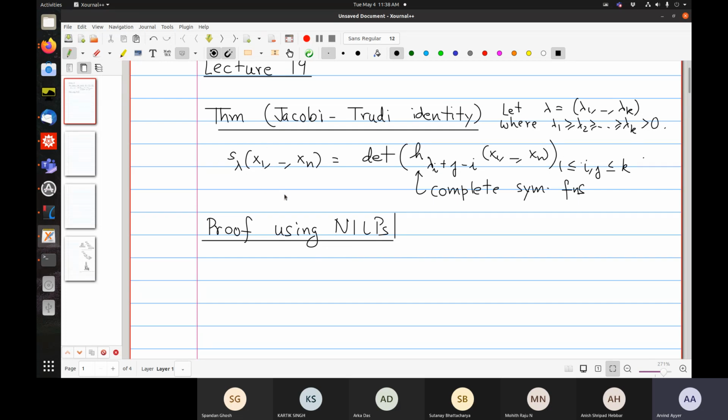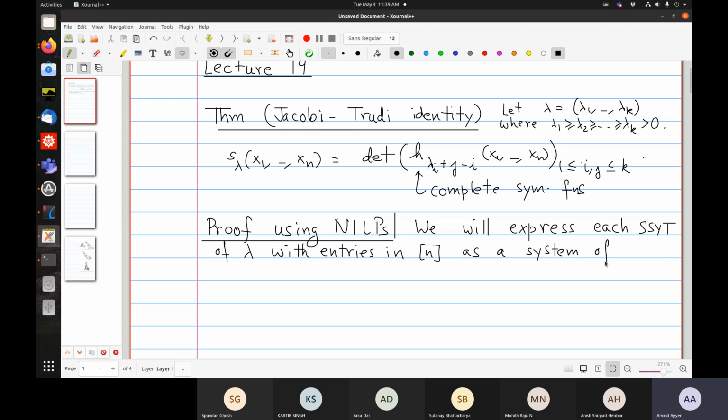We'll start with the semi-standard tableau definition, and we will express each SSYT of shape lambda with entries in 1 through n as a system of non-intersecting lattice paths.